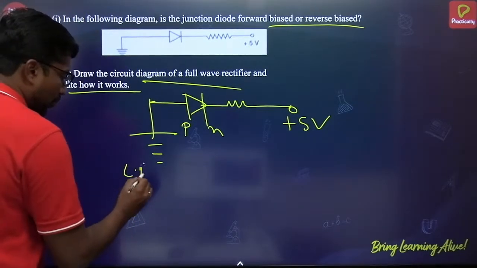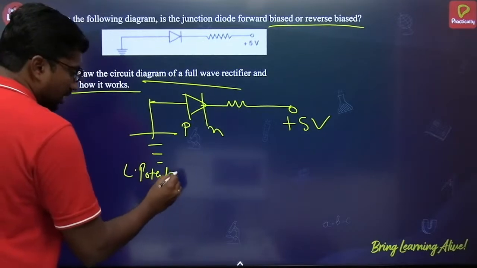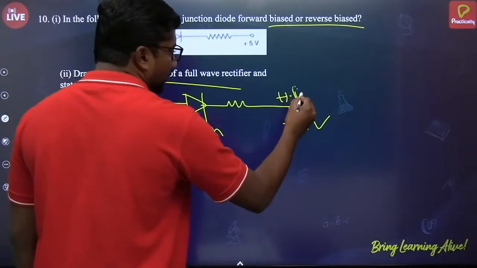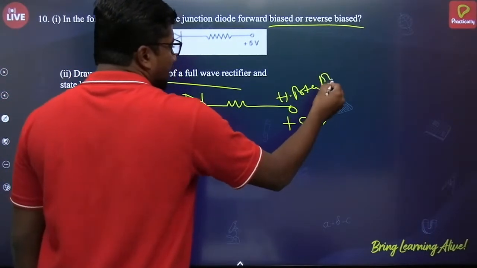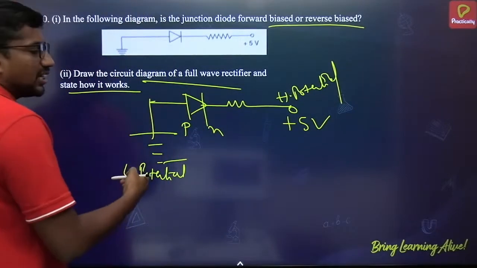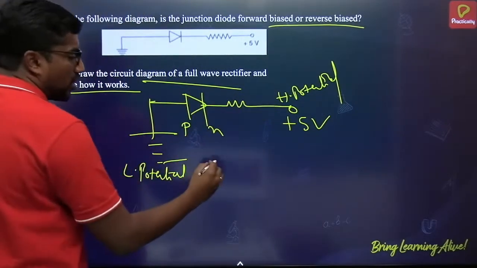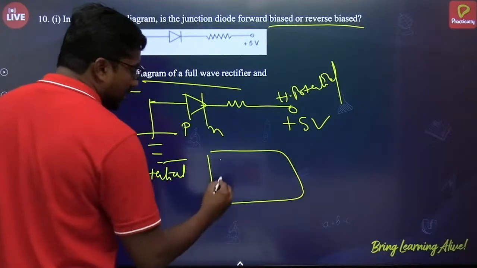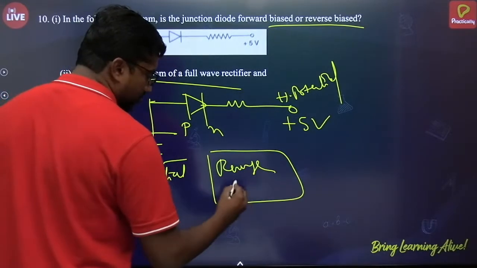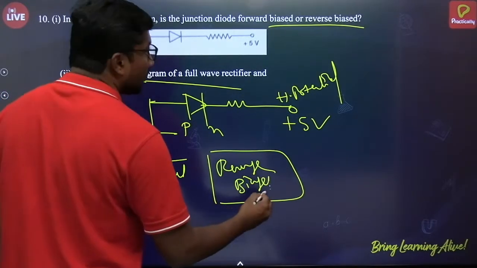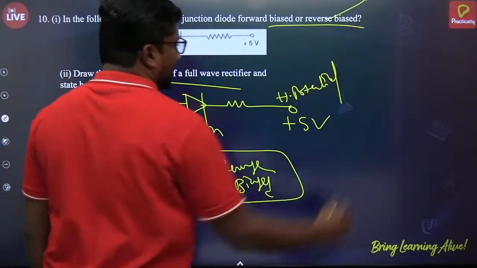So what can we say here? The P side is connected to lower potential and the N side is connected to higher potential. This is reverse biased.